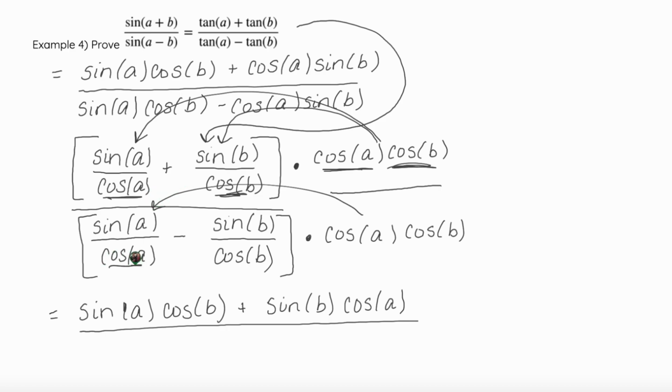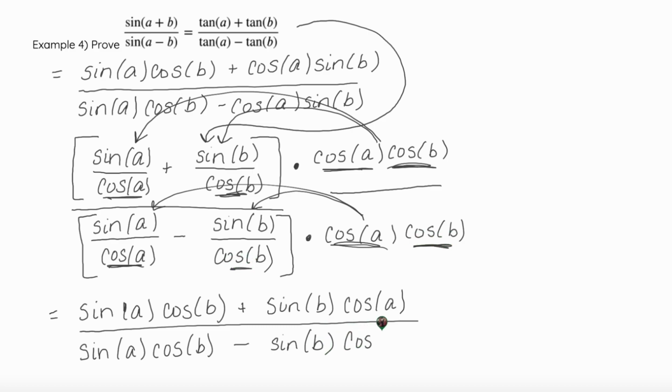Again, our cosine of a's are eliminated, so I'm left with sine of a times cosine of b minus sine of b. Here our cosines of b's are eliminated, so times cosine of a.